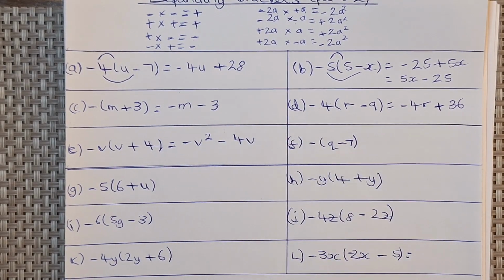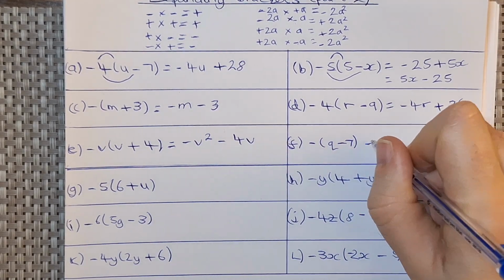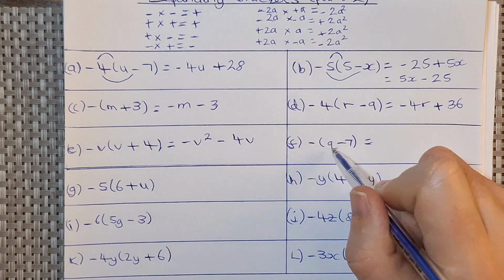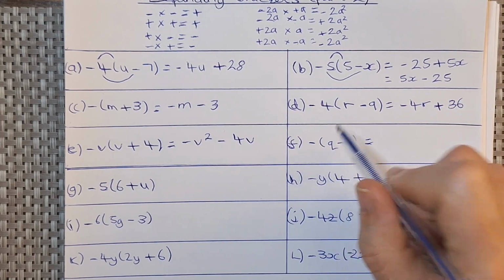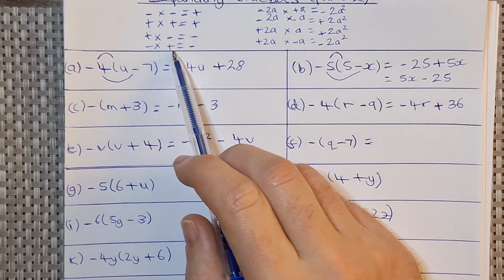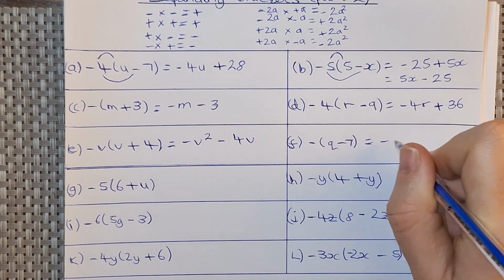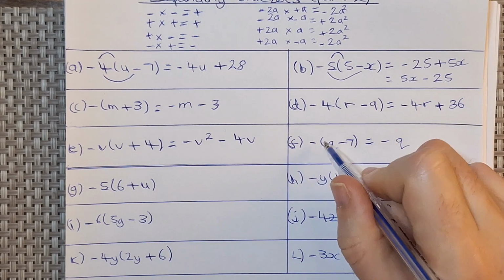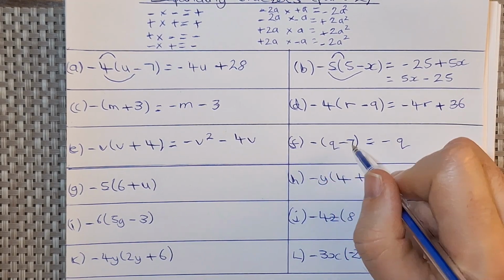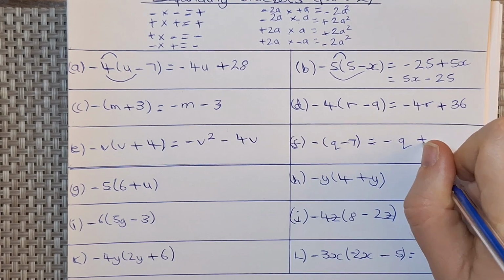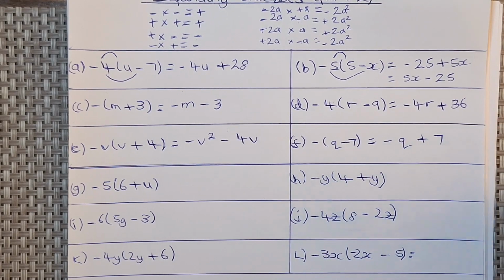Then we've got minus times q, so minus 1 times q, and minus times positive is minus q, and minus 1 times minus 7 is positive 7.